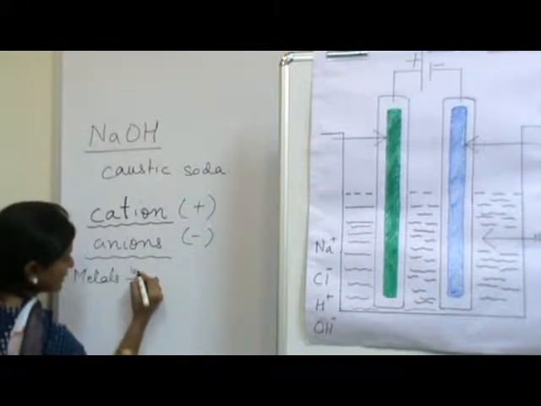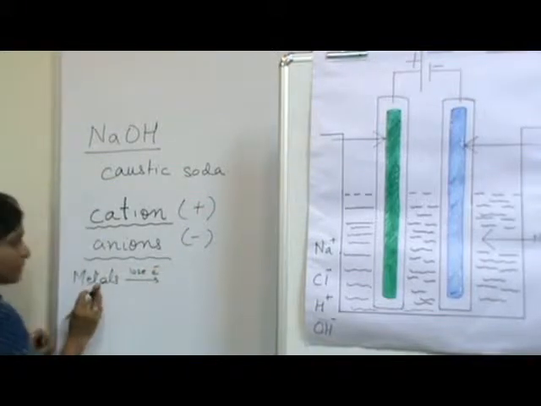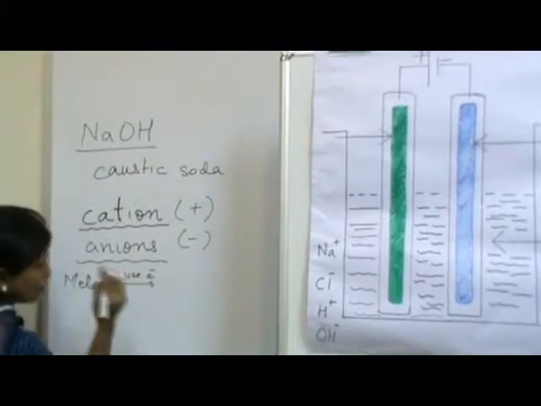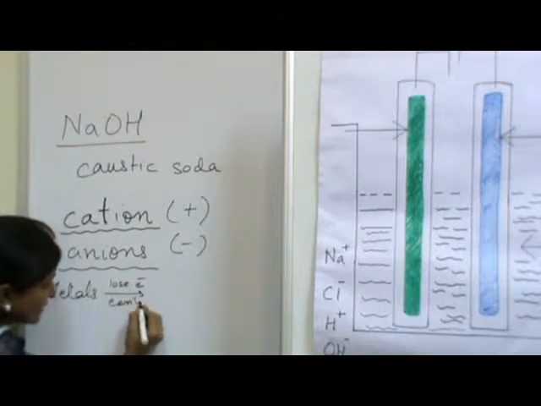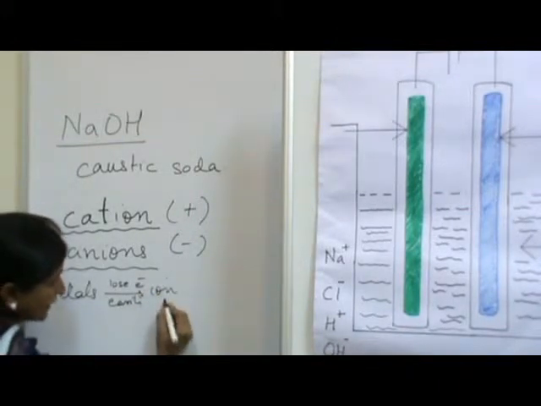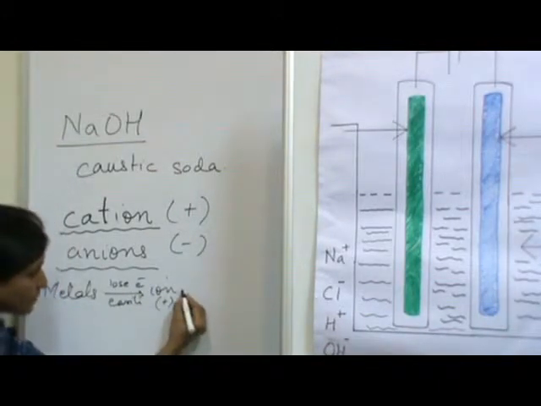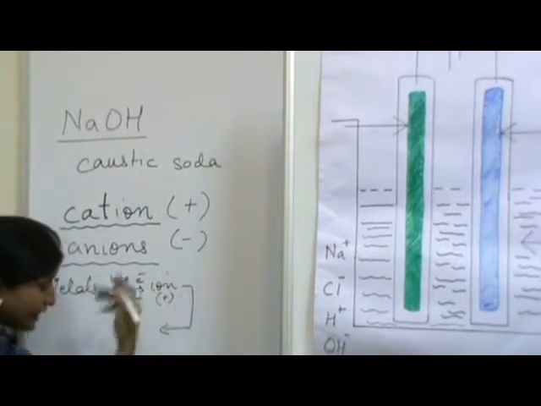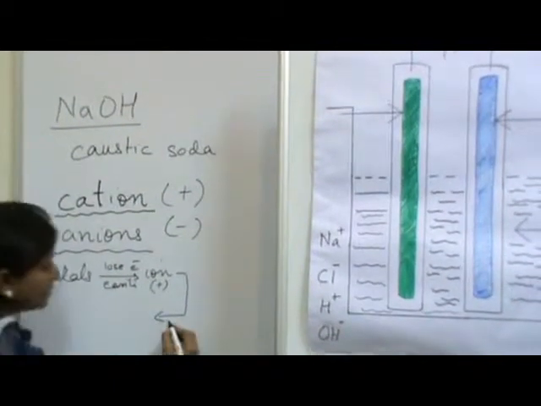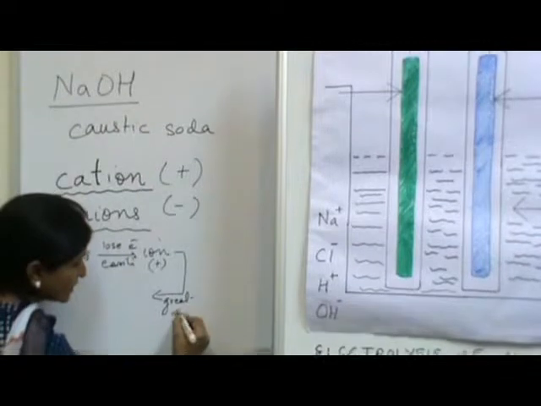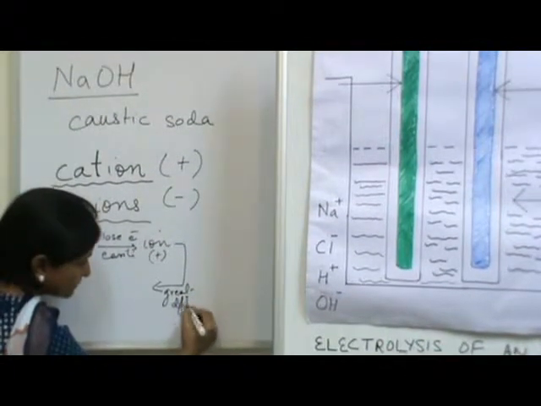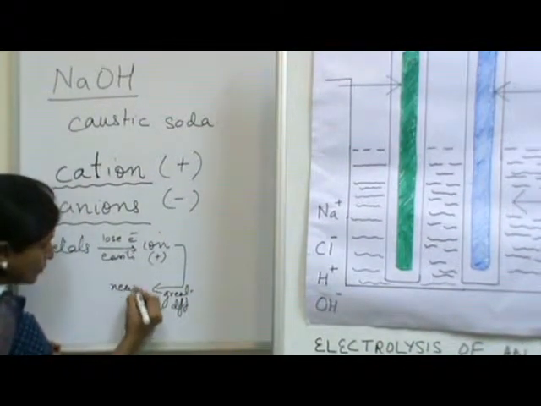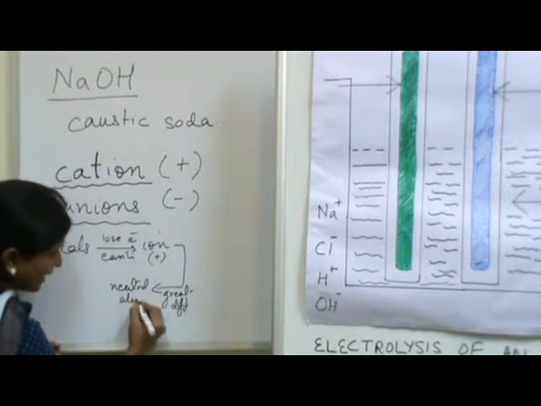Selective discharge means, let us take metals. Metals, they lose electrons. The metals which lose electrons very easily, they form what? Ion, the positive ion. These positive ions will gain electron with great difficulty to become neutral atom.